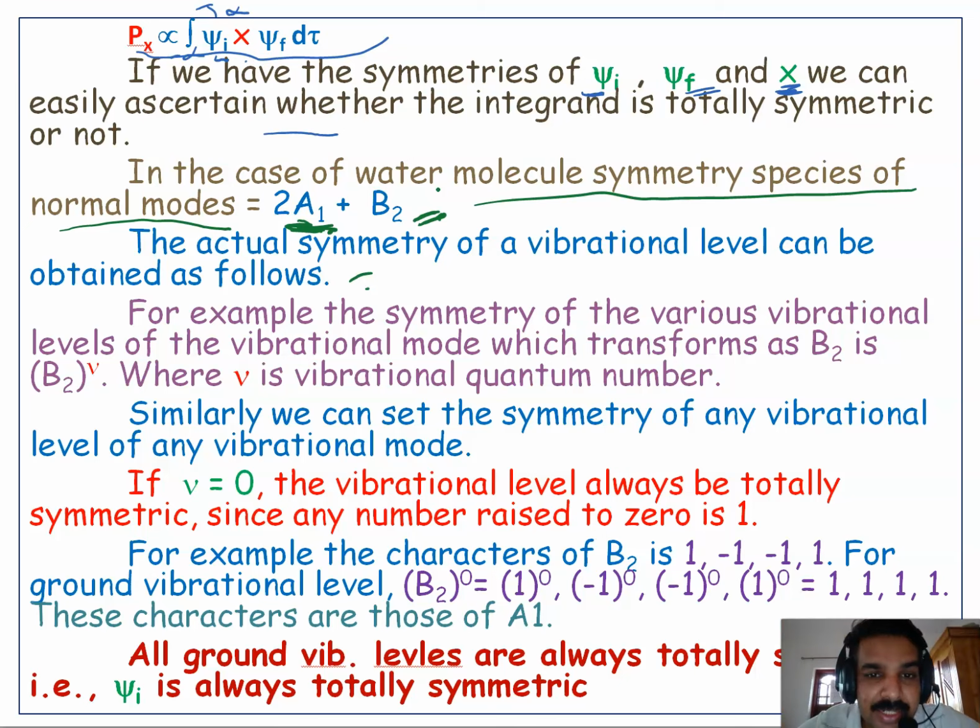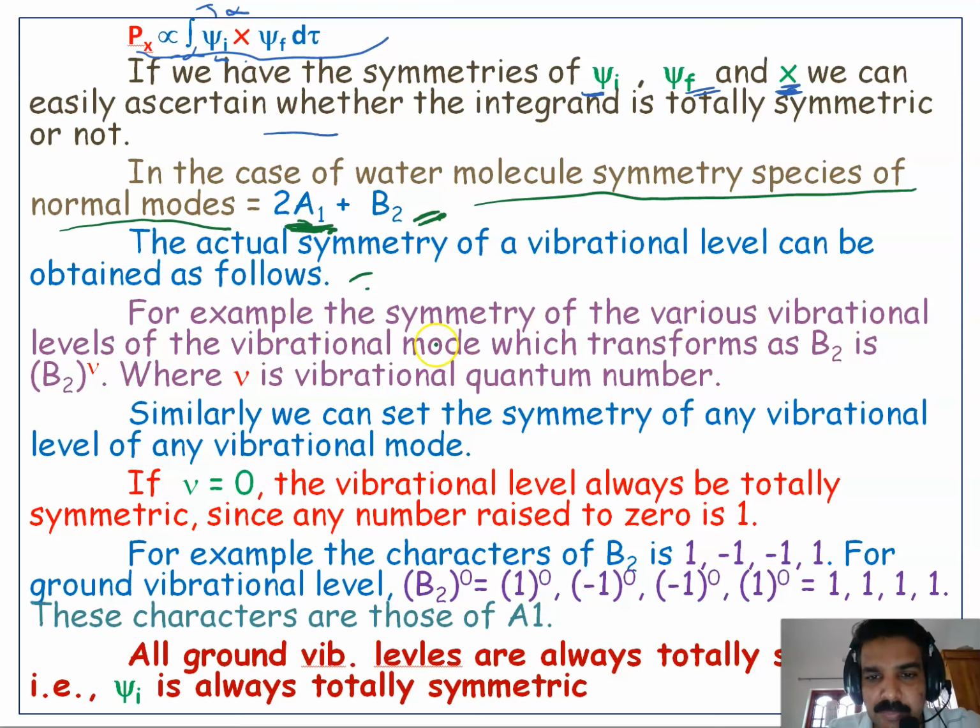Transition actually takes place from the ground level of one mode to the first excited level of that mode. And the symmetries of the levels are not all equal. Can you understand me? Listen carefully.